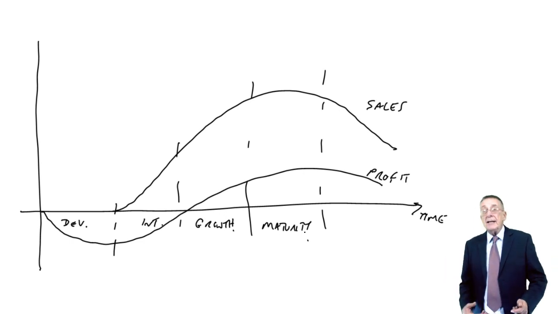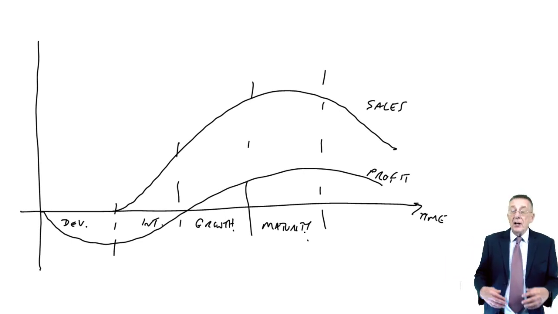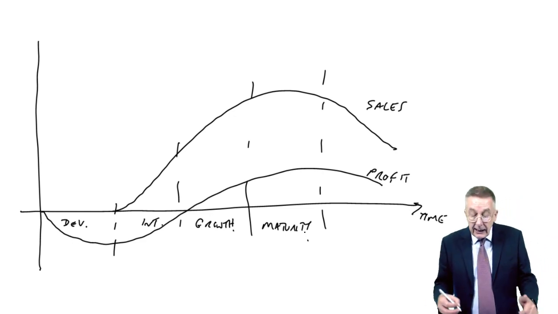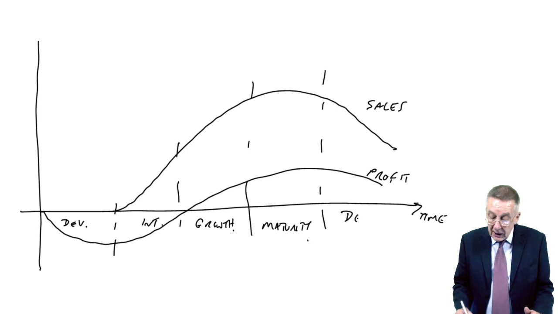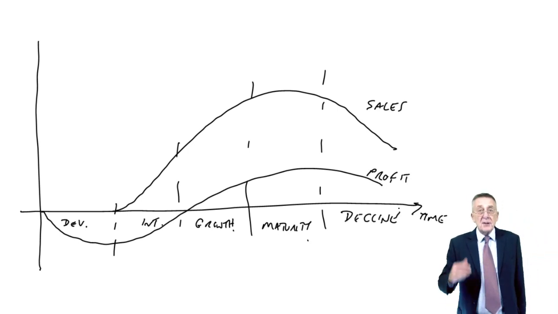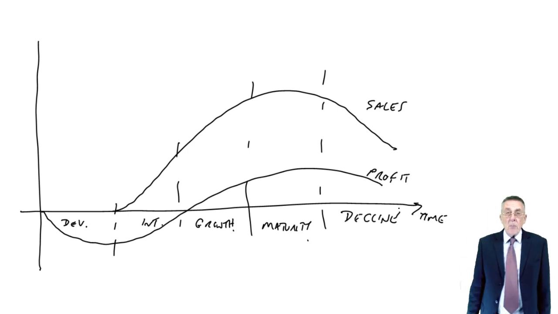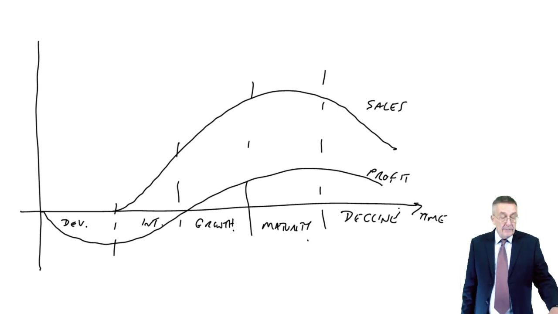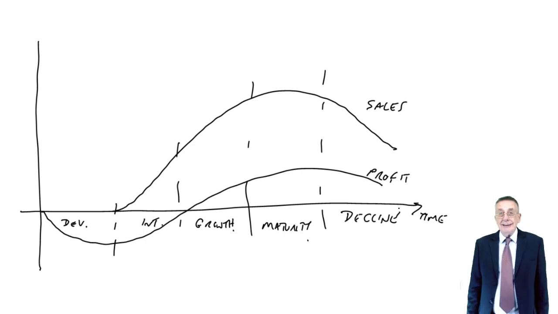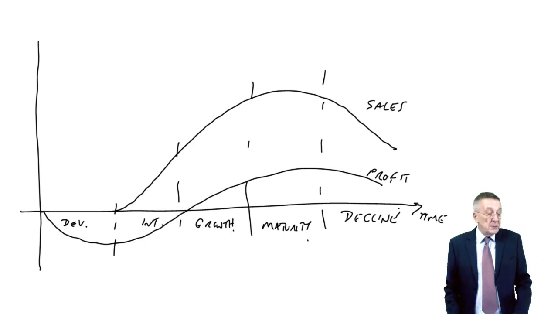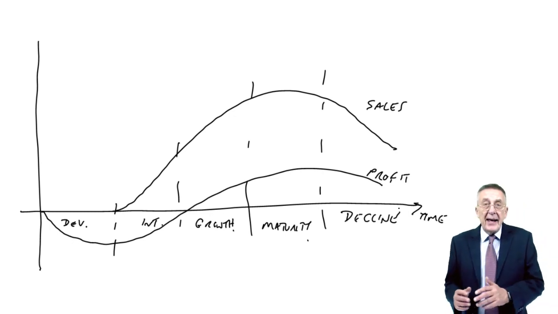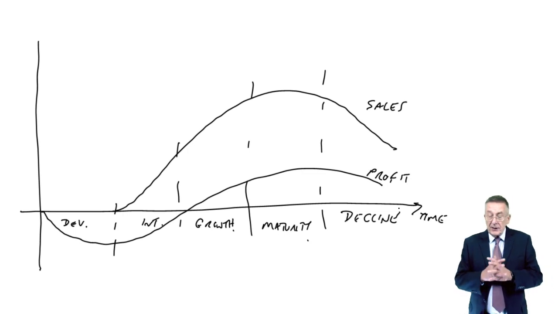But again, eventually, new technology will come along and new products will take over, and our product enters decline. Sales fall, profit falls, and eventually, of course, we're going to stop making it. Now, you won't be asked to draw that graph. I suppose you could be given it and asked to explain it, but you certainly are expected to be aware of the different phases and the relevance of them.